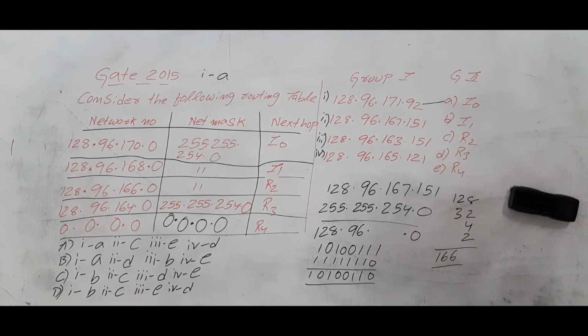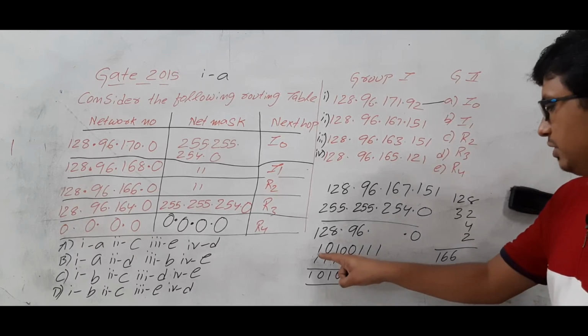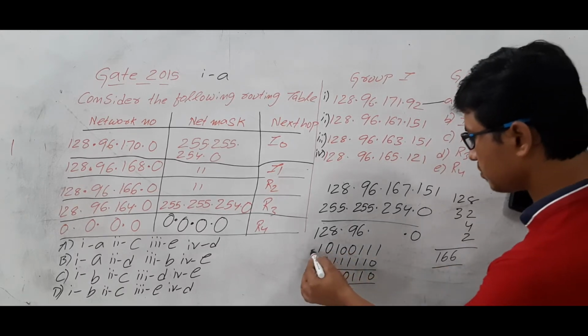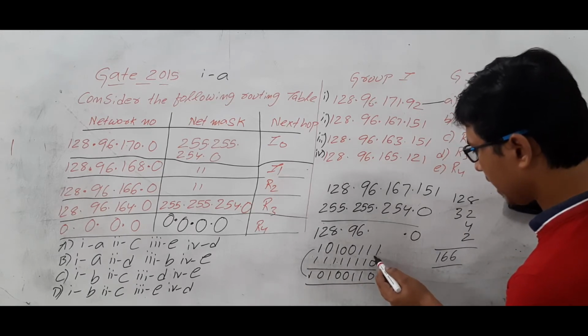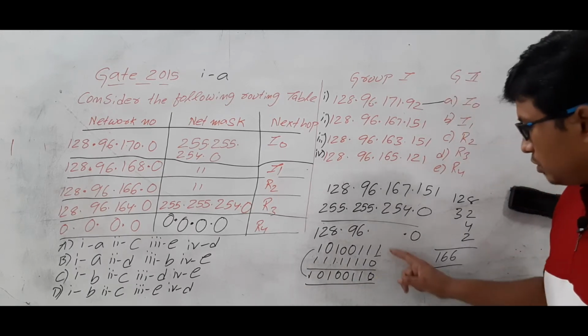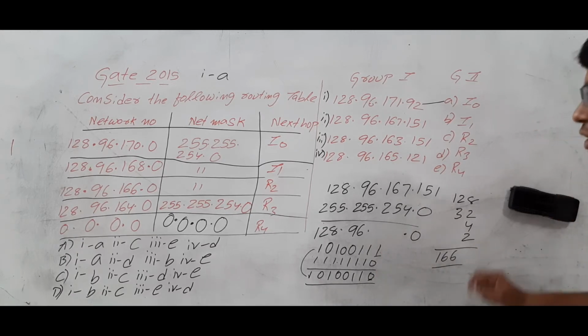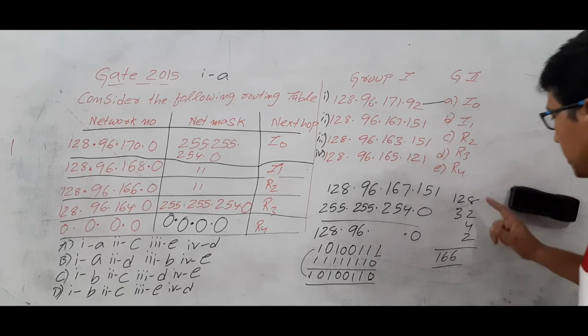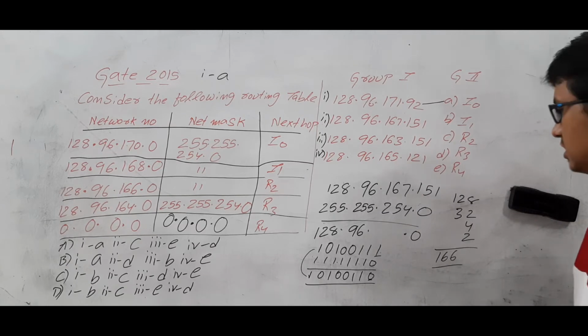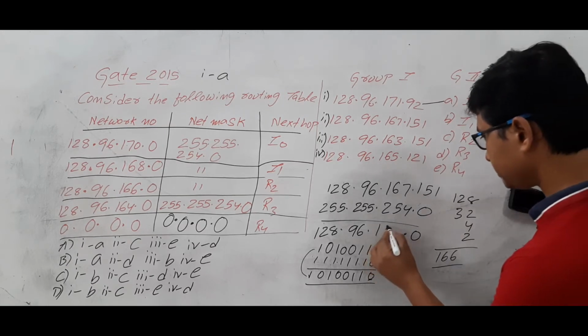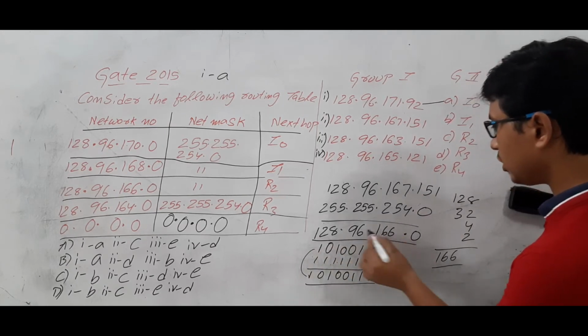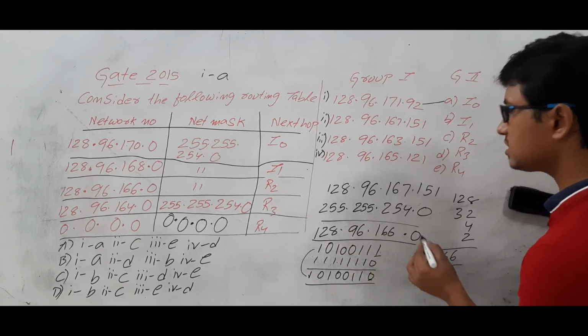Okay, if you want to verify, you can verify it also. You can even check like this. This is matching with everything in this one except this bit and this bit. So if you subtract 1 from 167, you will get 166. So this is matching with what? 128.96.166.0.